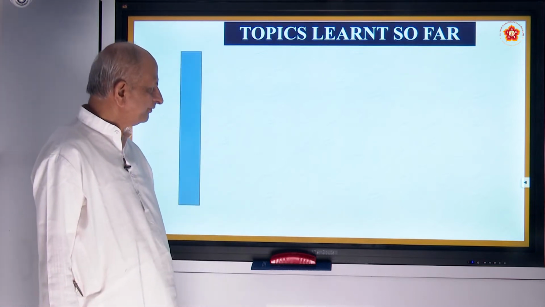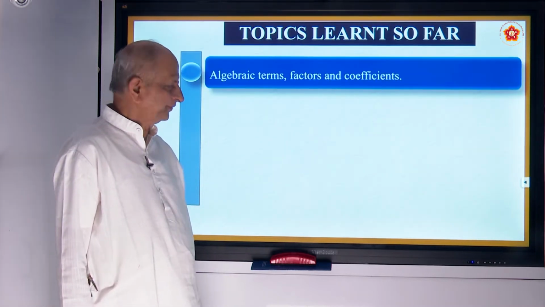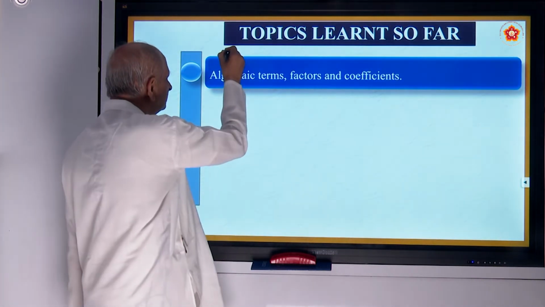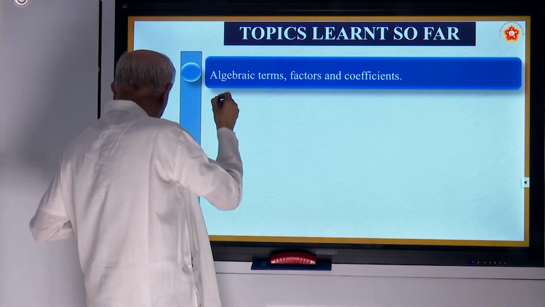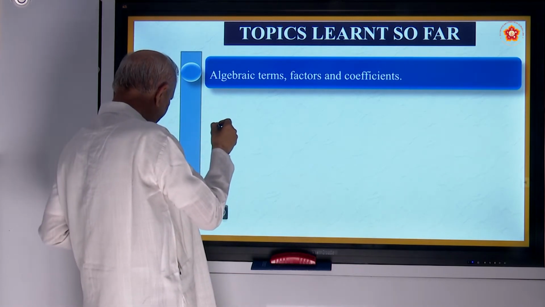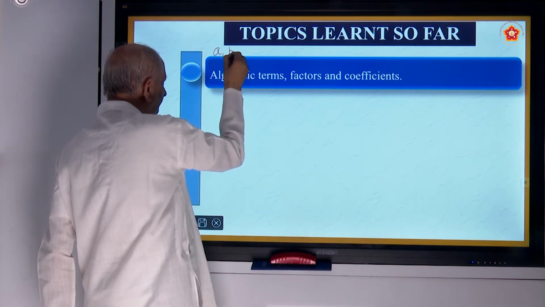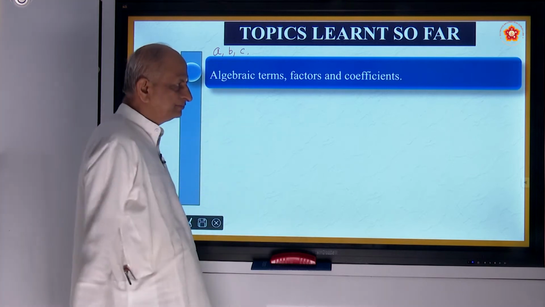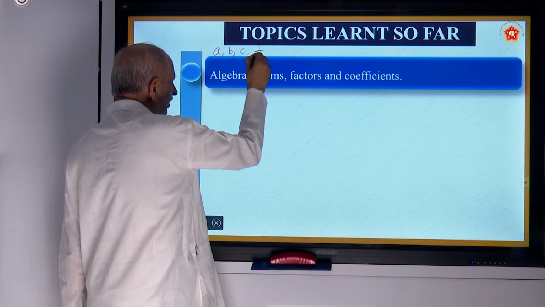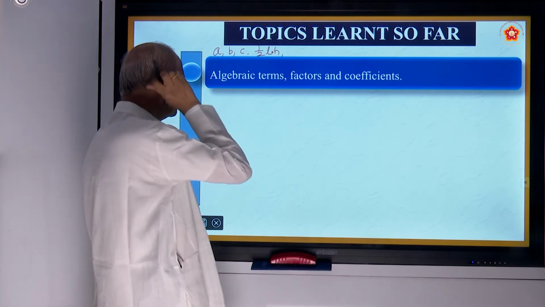The study of algebra starts with the algebraic terms. Correct? What are terms? Terms stand for usually alphabets together with coefficients, say like a, b, c, etc. And sometimes a group of these, say half bh, this is also called a term.